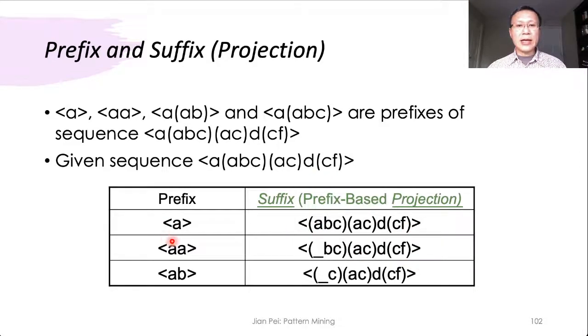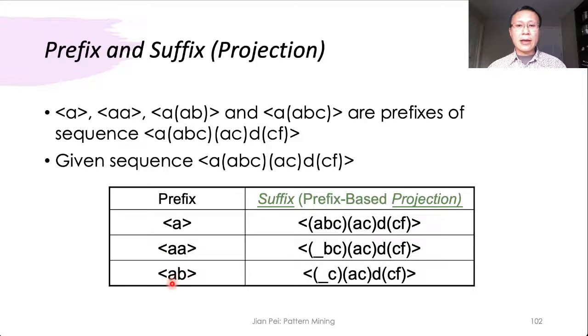And for this aa, because this a is here and the second a is here, we remove these two items and we have a placeholder here. And then (_bc)(ac)d(cf) becomes the suffix of this aa.